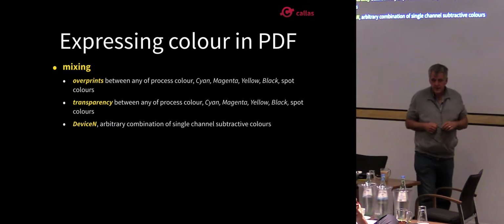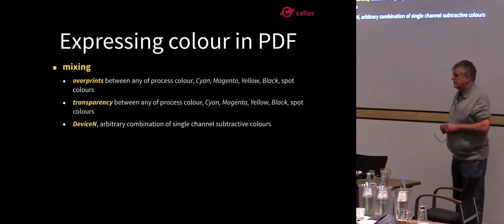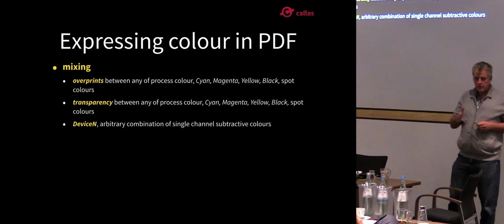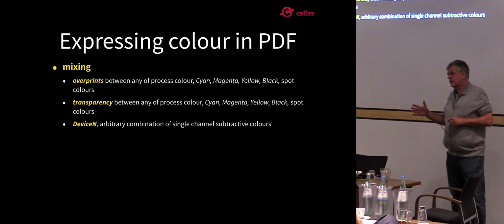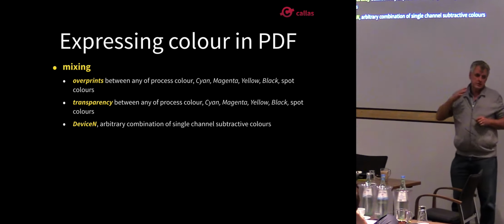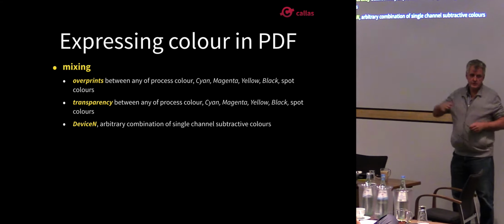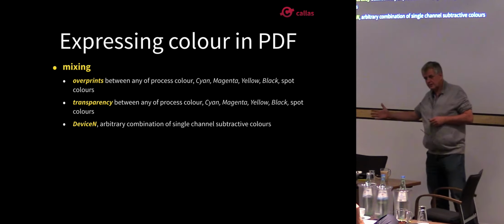You can also use DeviceN, which is yet another color space in the syntax of PDF, where the color space enumerates the colorants that are going to be used for a certain object. You could have, for example, magenta, yellow, and blue. Blue is not a CMYK color, it's a spot color.